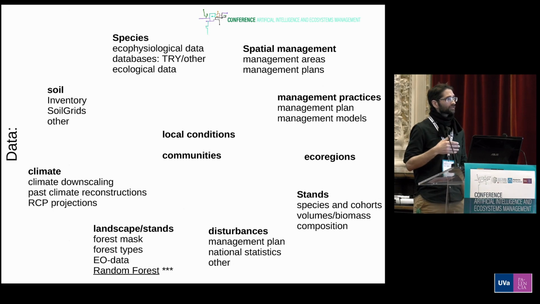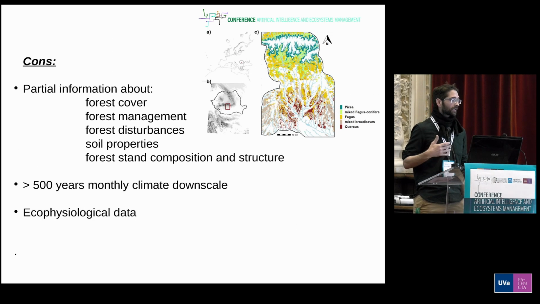Probably you will also need some kind of climate downscaling for more than 500 years, because you are working with mature forest, and you will probably have trees more than 500 years old, so you will have a big data series that is challenging, but it's nice.